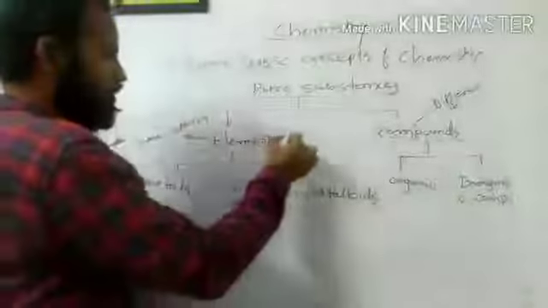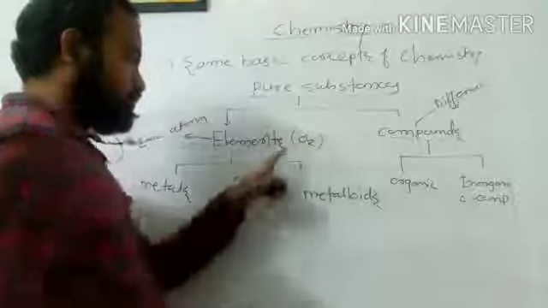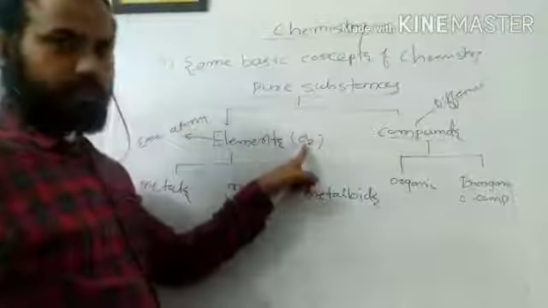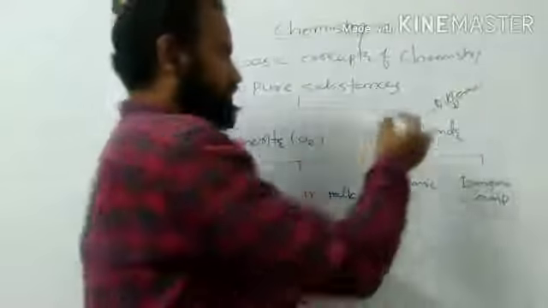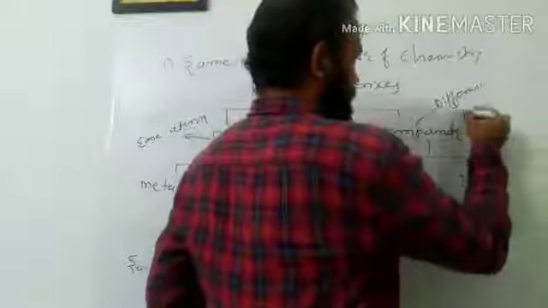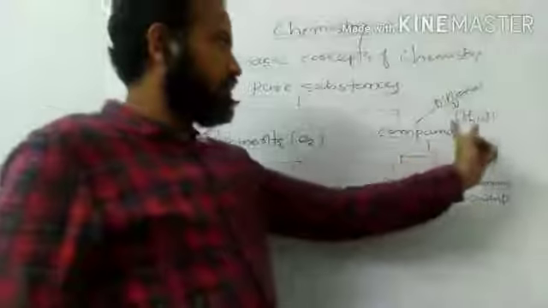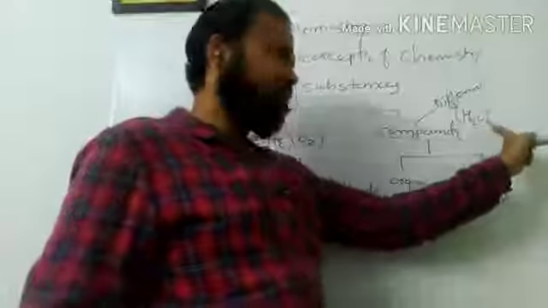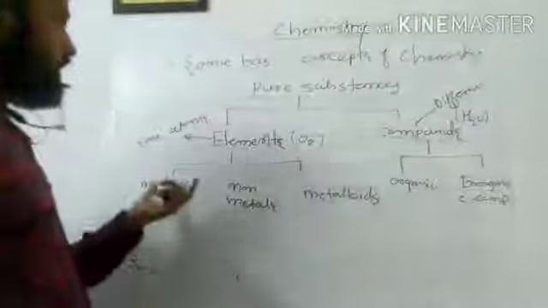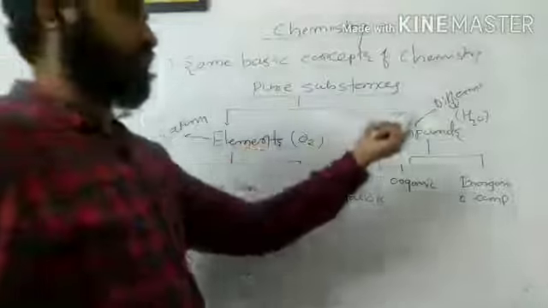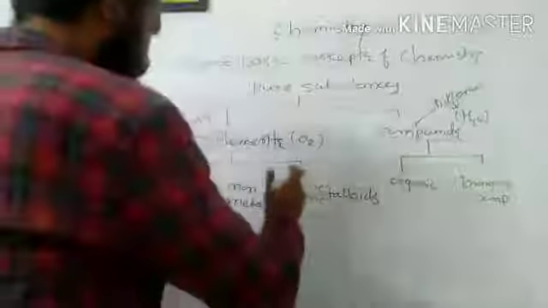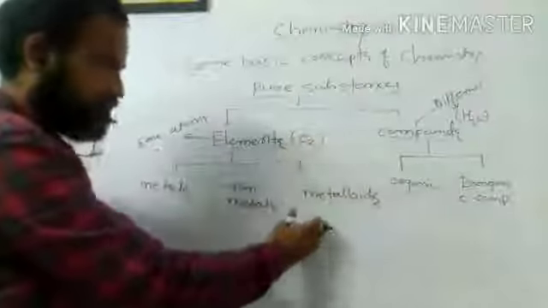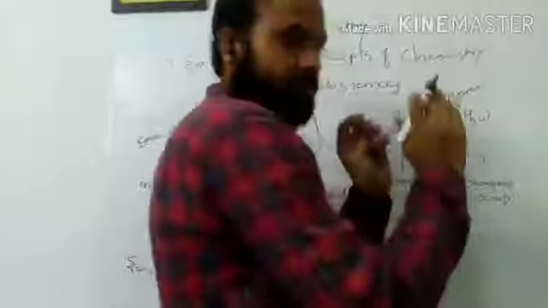For example, O2 contains two atoms and both are oxygen atoms, isn't it? In H2O, which is a compound, there are two different kinds of atoms, hydrogen as well as oxygen. In this way you can easily identify what is an element and what is a compound. Now we will first see the detailed classification of elements, then the classification of compounds.